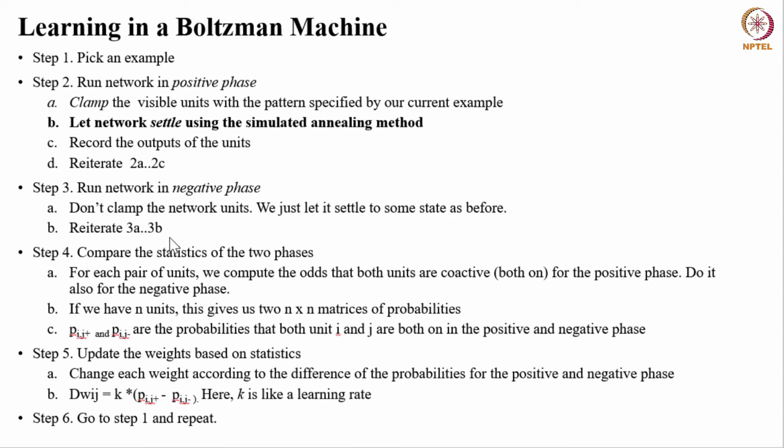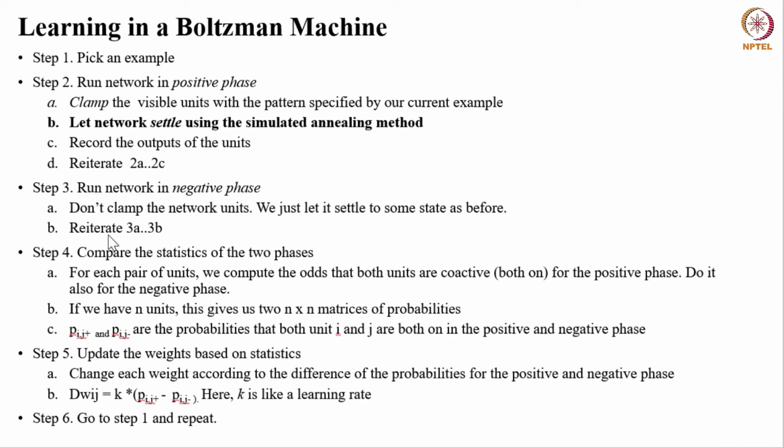You do annealing, you reiterate, etc., and then you compare the outcome of the two different phases, and then one computes the odds that two units in each pair of units are coactive, in the positive and the negative phase.